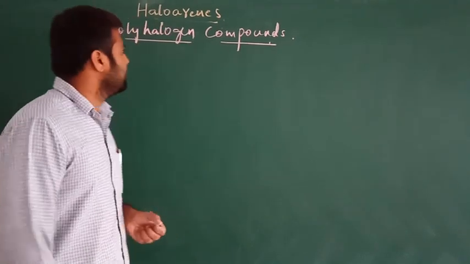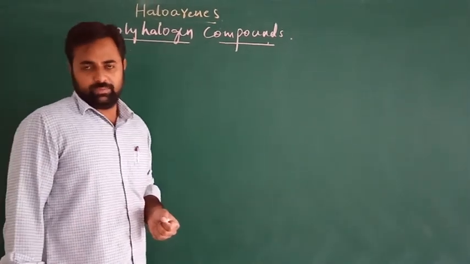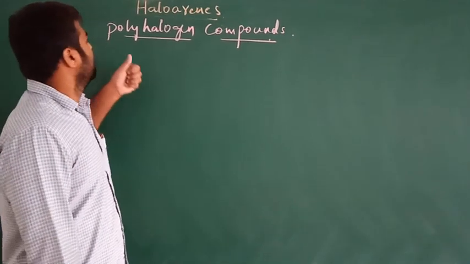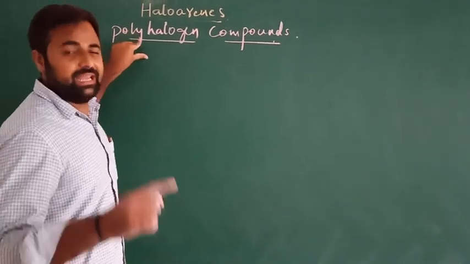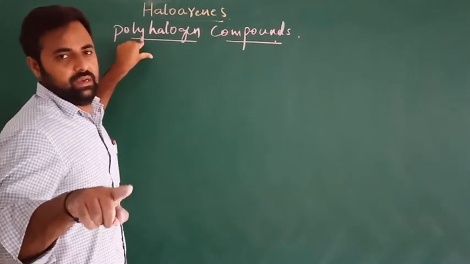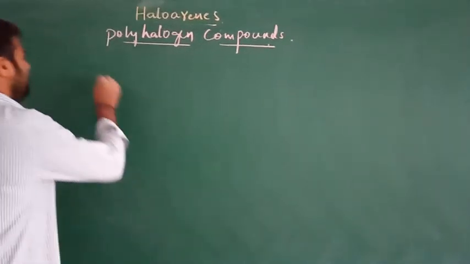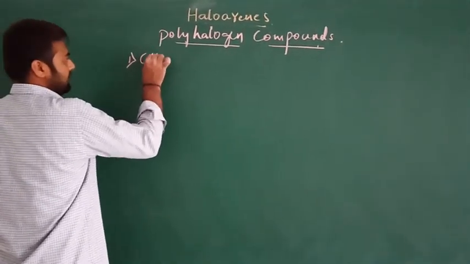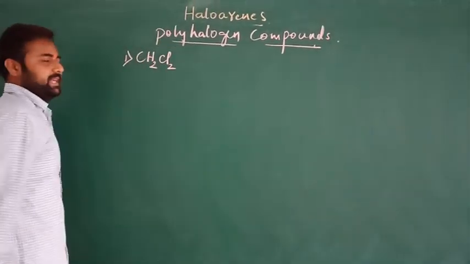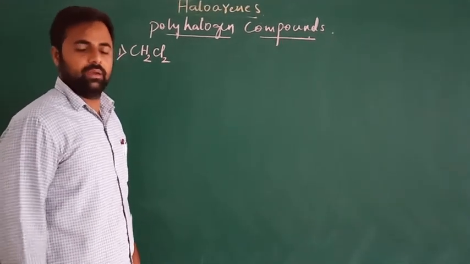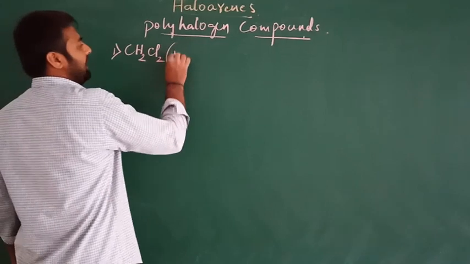Let's see examples of polyhalogen compounds. Those compounds which contain more than one halogen atom are called polyhalogen compounds. For example, the first one is CH2Cl2, dichloromethane, or we call it methylene chloride.